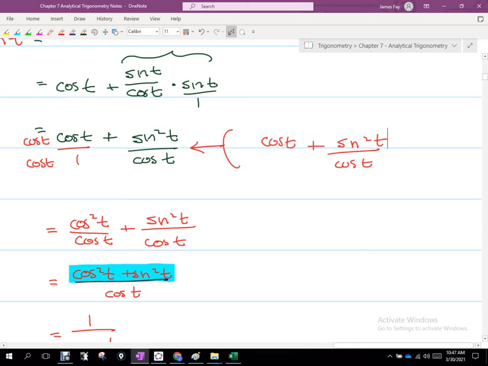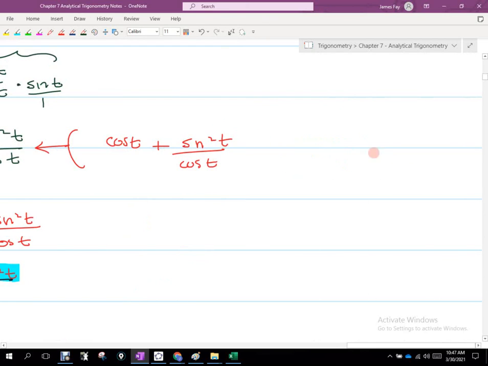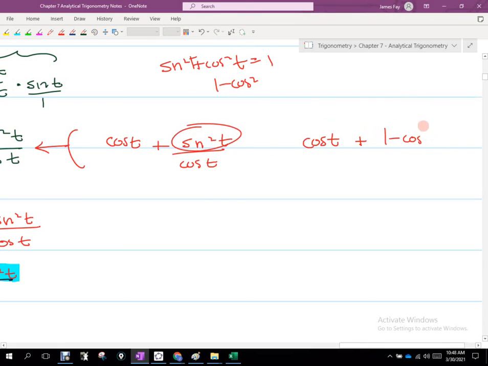We could have at that juncture replaced sine squared t. Okay, now, if I have sine squared plus cosine squared equals 1, that's my Pythagorean identity. Then sine squared would be 1 minus cosine squared, right? So I'm going to replace that thing right there with 1 minus cosine squared t all over cosine t.